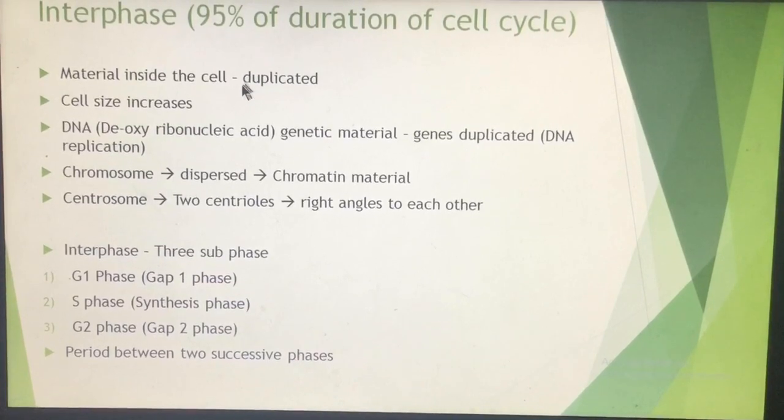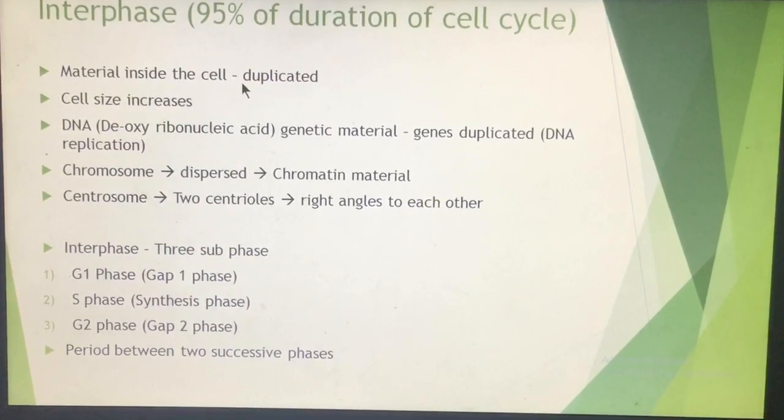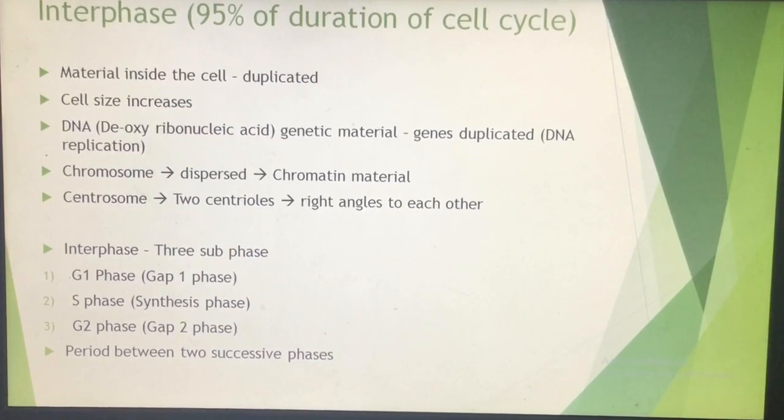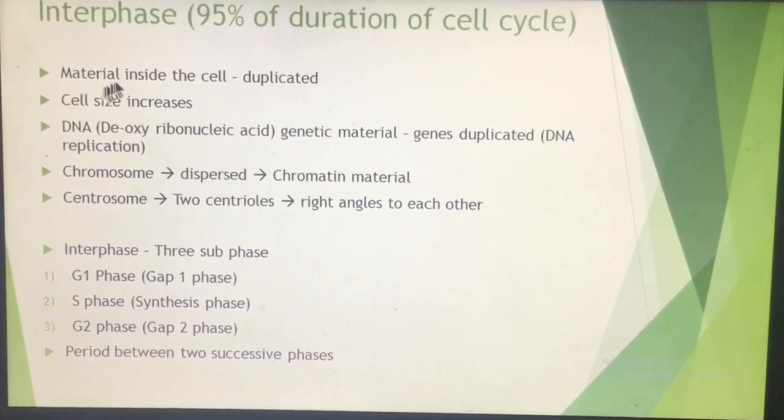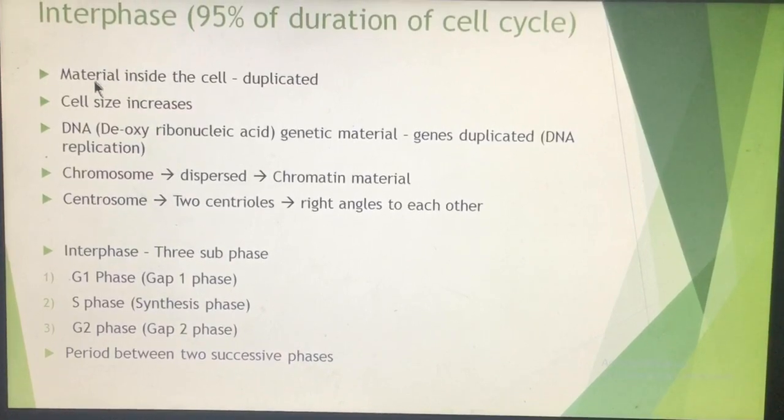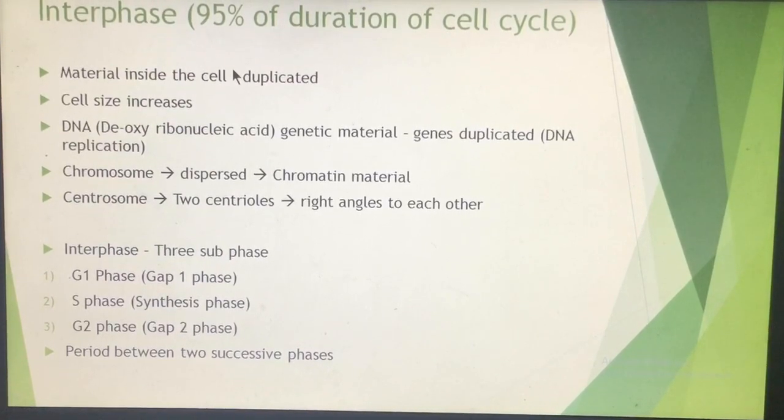That means cytoplasm की quantity increase हो जाती है, mitochondria का number increase हो जाता है, there is an increase in the size of the cell because of duplication of the material. अगर किसी cell के बीच में जो material है वो duplicate हो जाएगा तो naturally the size of the cell will increase. So during the interphase the material inside the cell gets duplicated, as a result of which the cell size increases.